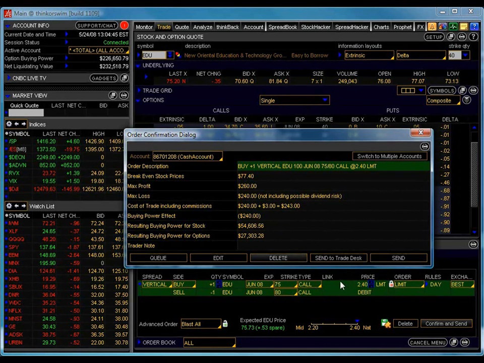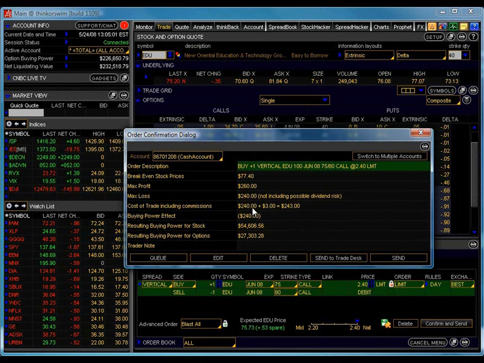But you might be asking yourself, especially if you're a total beginner to options, if the price is $2.40 and we're only buying one contract, why are we paying $240?